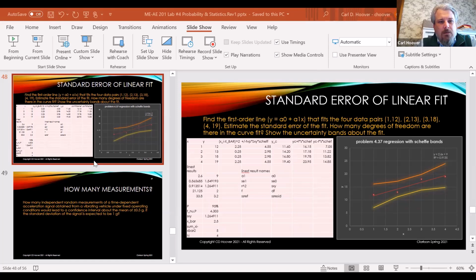And then on this guy, I'm doing my plus or minus T. Let's go ahead and put this equation and show all the details of it. T is shown right here, 4.303 times this guy, which is my standard error of the fit, 1.26, times the square root of 1 over n, which is 4, plus (xi minus x bar) squared over the sum of (xi minus x bar) squared.